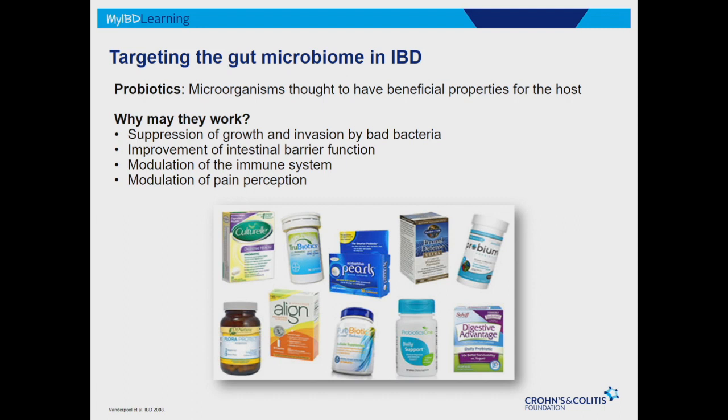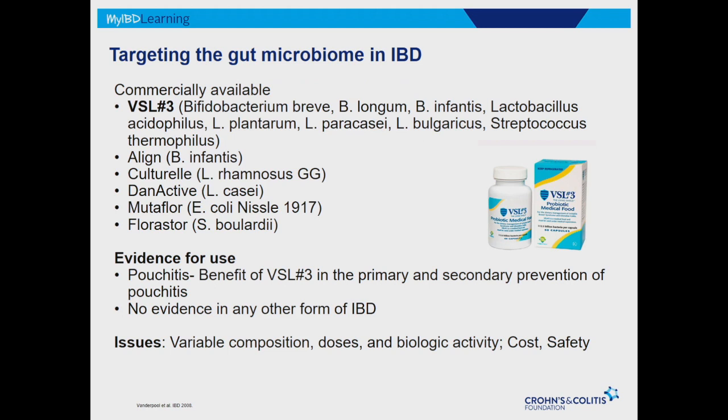But I think at the end of the day, we just have to be very cognizant of the targeted ads and whatnot, especially to folks with IBD who may feel a little bit desperate for some help here and think, oh, probiotics, gut microbiome, this is what I need. Unfortunately, the data is just not there. There are very limited data for use of certain types of probiotics in pouchitis, and that's really the only place it's been studied.